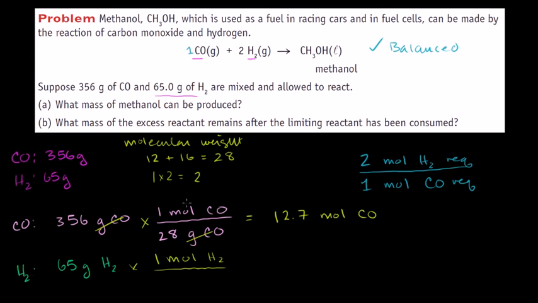Well, its molecular weight is 2, so a mole of it is going to have a mass of 2 grams. So you could view this as 2 grams per mole, or 1 mole per 2 grams. And we want the grams in the denominator, so it cancels out over here. Let's do the math. We have 65 times 1 divided by 2. 65 divided by 2 is what? 32.5.